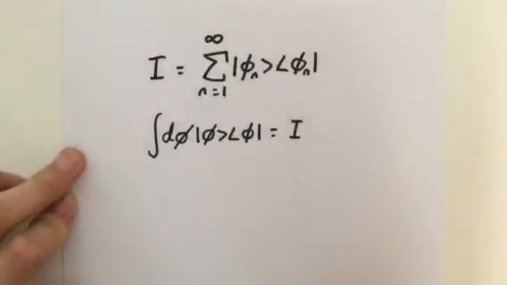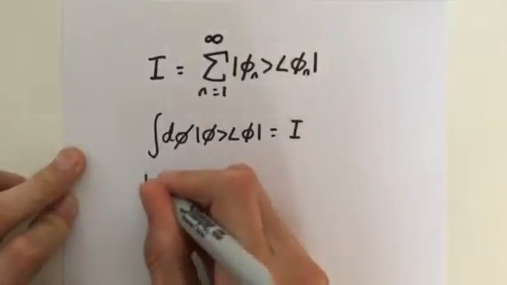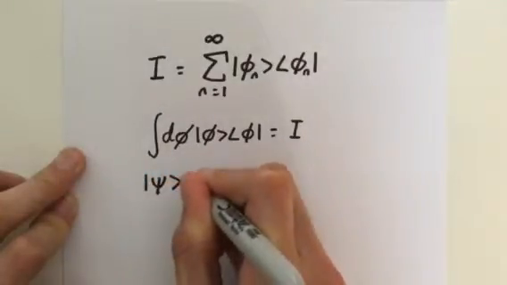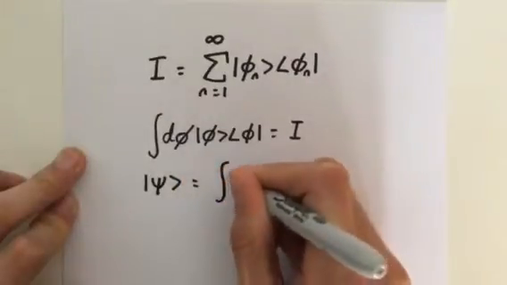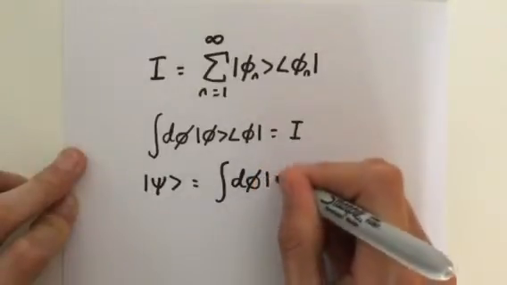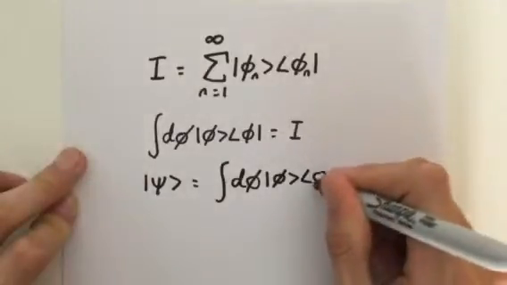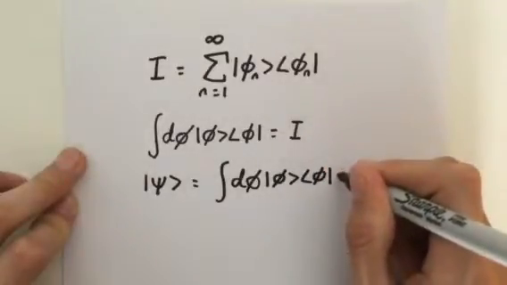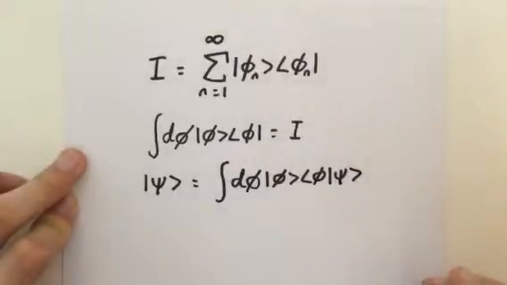Every ket psi can be expanded in a basis of other kets phi n, like this. So psi is equal to the integral of d phi, and we have phi here, take the outer product, and then of course we have psi, like so.